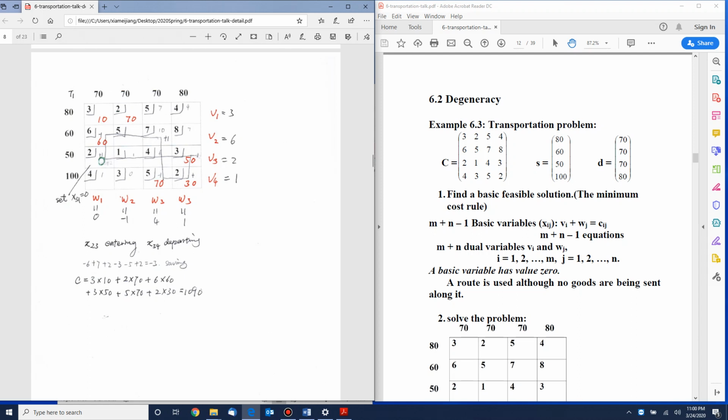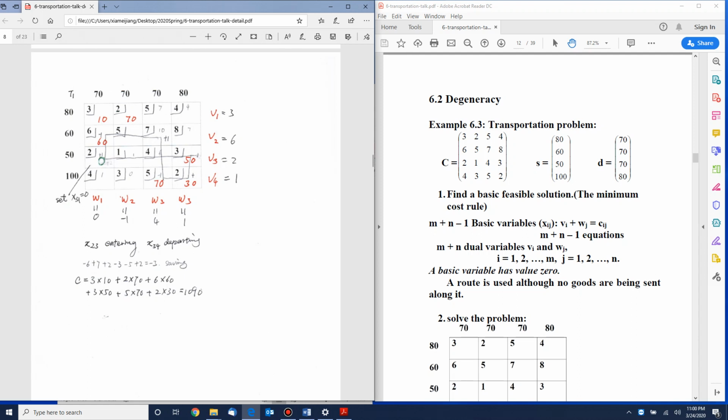So we put 70 into cell 1 2, and we have 10 remaining in source 1. That 10 we put into the next cheapest one, that's 3, so we put it into cell 1 1. And now the first source, we already finished the distribution.